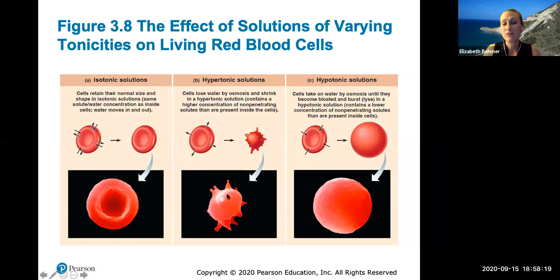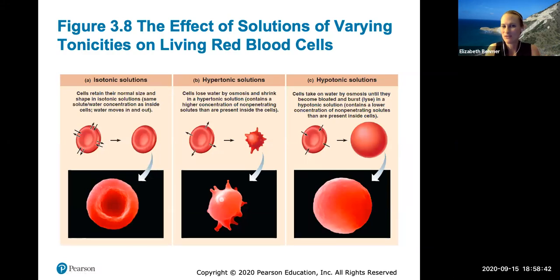If we put a red blood cell into a hypertonic solution, that means surrounding this red blood cell right now in black is a hypertonic solution. That means the solution is more concentrated with solute than what is inside the red blood cell. This is bad because water will naturally osmose passively.